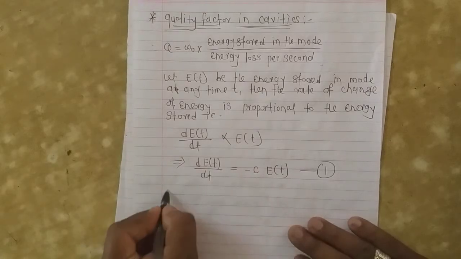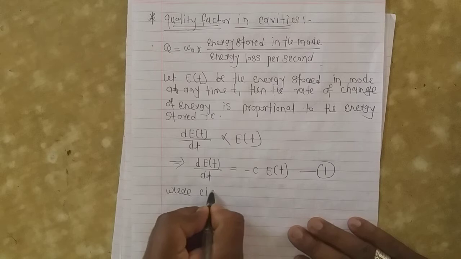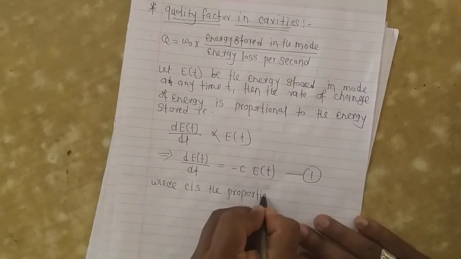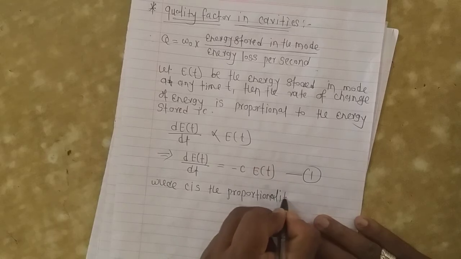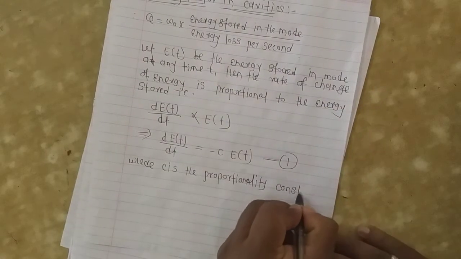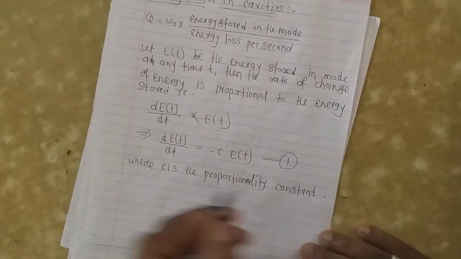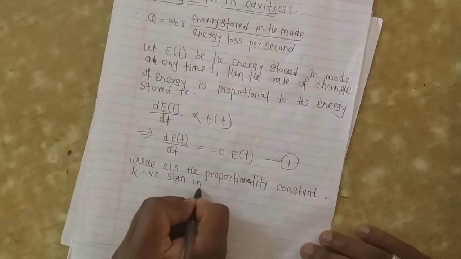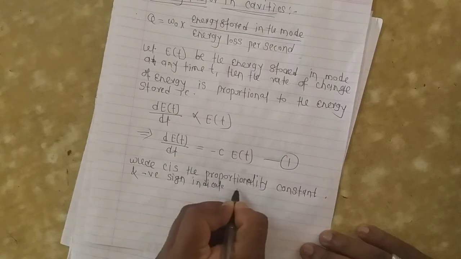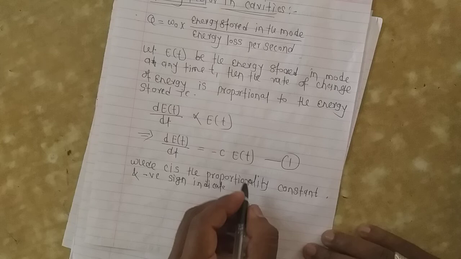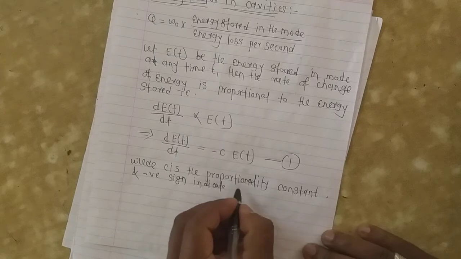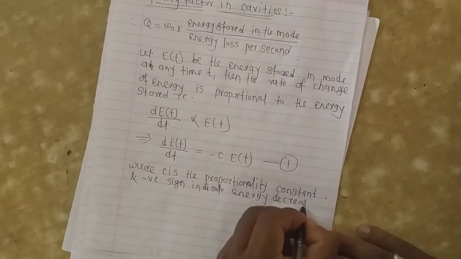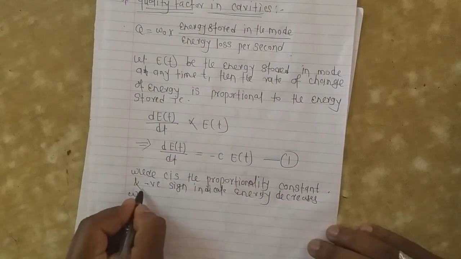Where c is the proportionality constant, and the negative sign indicates that the energy decreases with time.